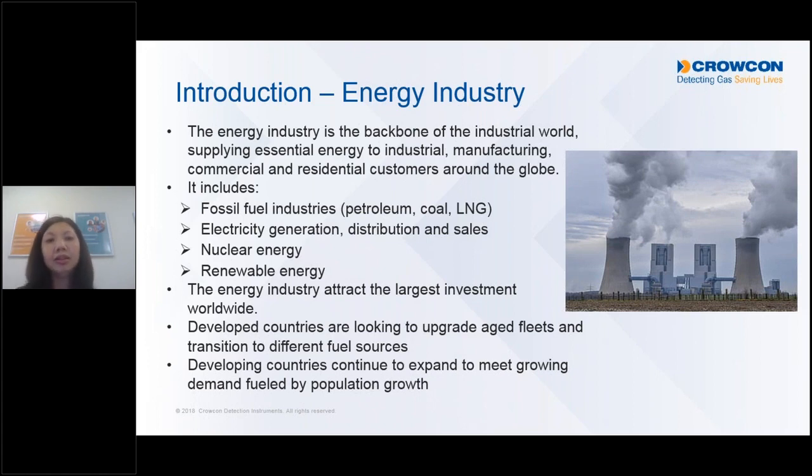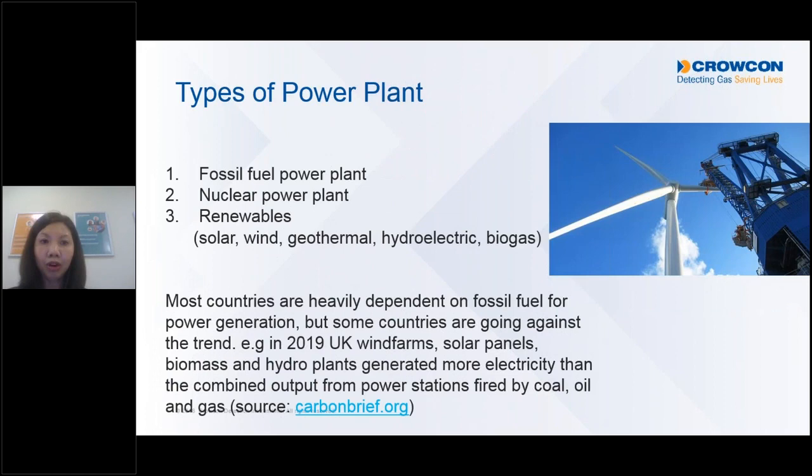Then we looked at the types of power plants. We are familiar with fossil fuel power plant. Some countries have nuclear power plants, and the buzzword for now, renewable energy. That includes solar, wind, geothermal, hydro, and biogas. A couple of weeks ago, I talked about biogas from agriculture, from waste.